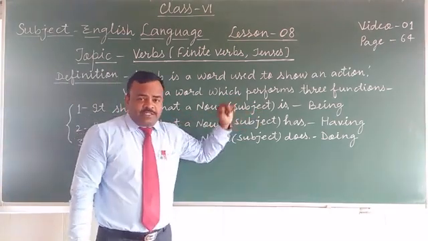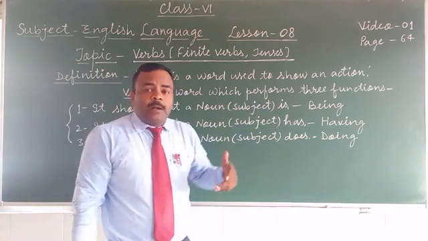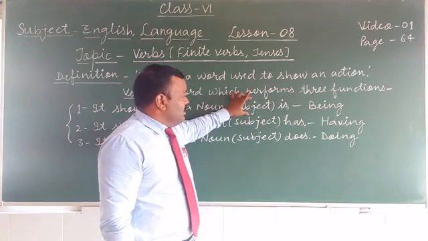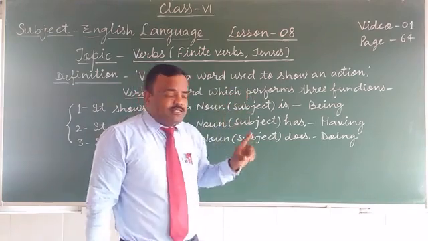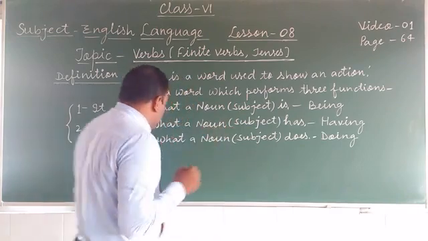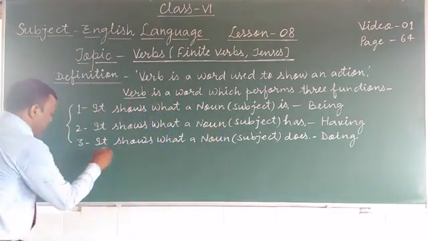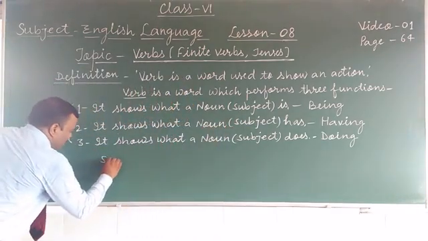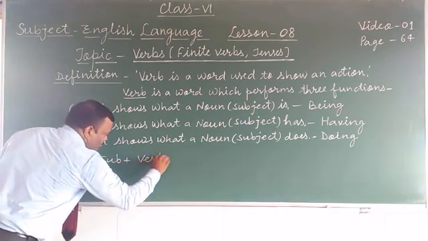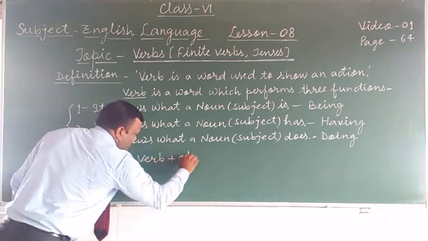Noun is actually the name of a person, place, or thing, but here we consider the noun as the subject in a sentence. In a sentence, there should be three things: first we write the subject, then the verb plus the object.